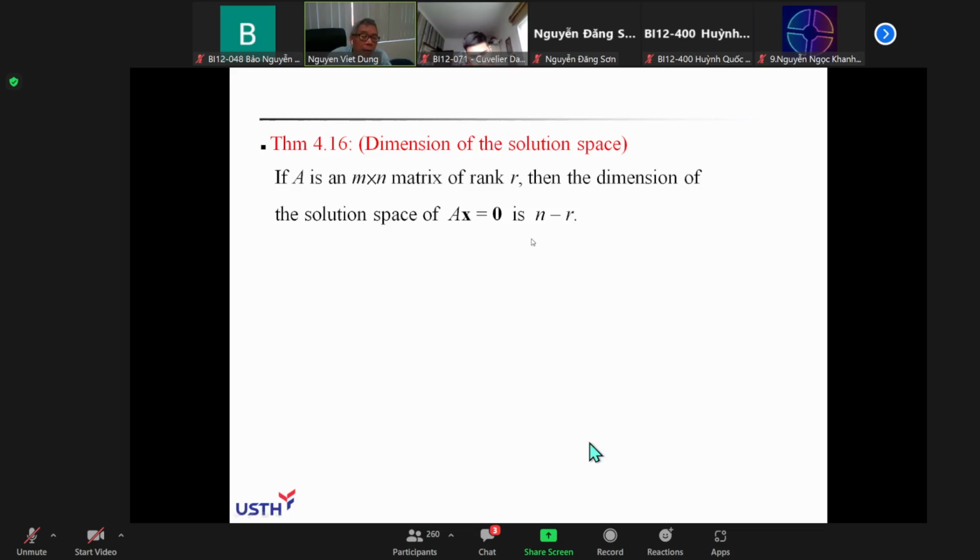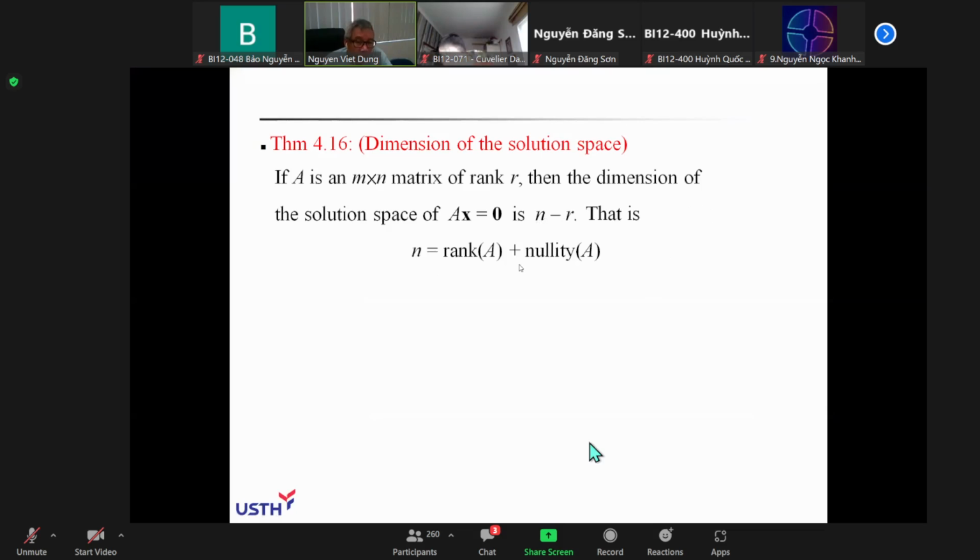That is because the solution space is exactly the null space of A. So the dimension of the solution space is what we call the nullity of A. That observation claims the nullity of A equals N minus a.